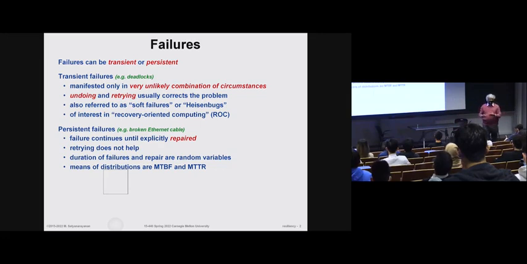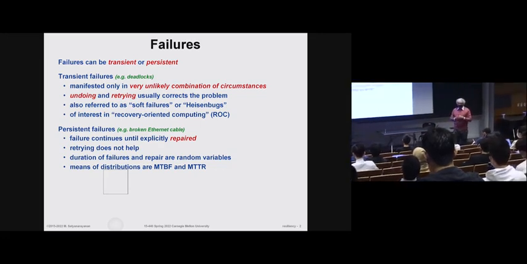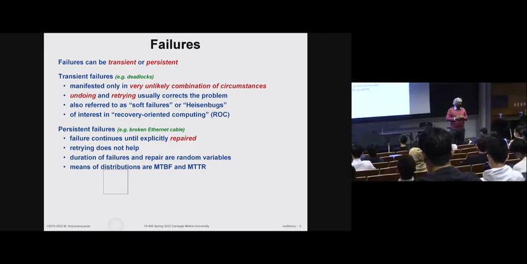Similarly, if a server dies, the machine room is flooded, etc., the disk crashes. So those kinds of failures are referred to as persistent failures. That failure is not going to go away on its own. Retrying, randomization does not help.